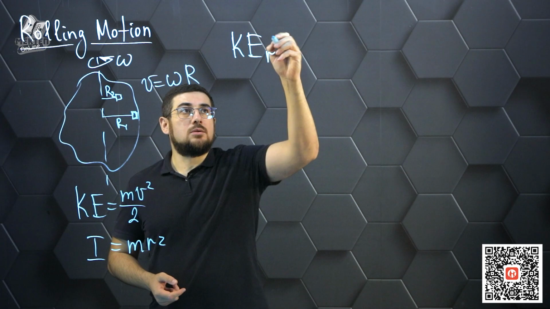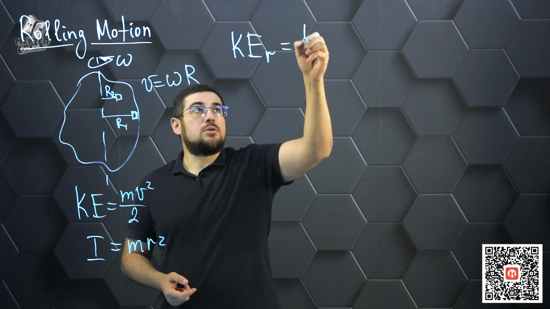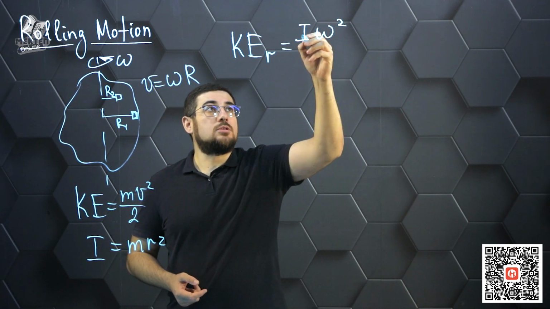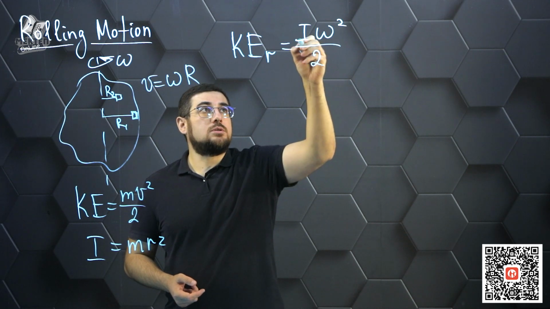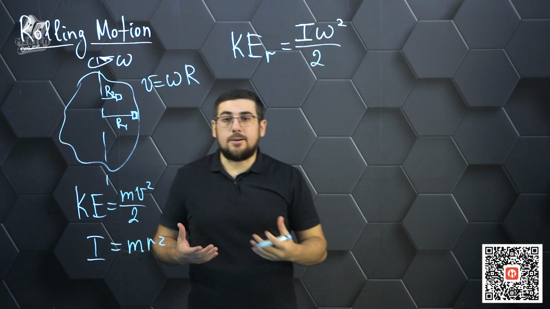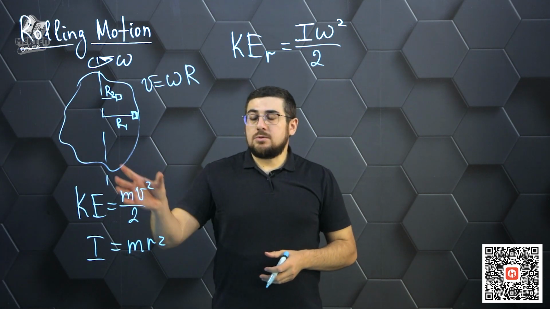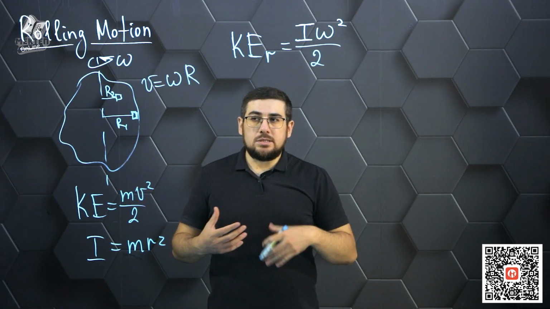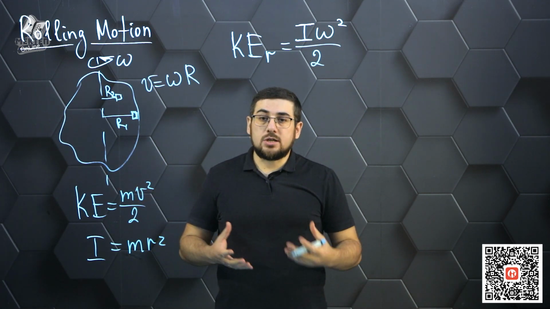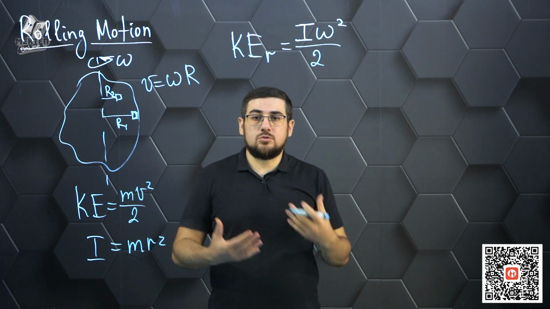The kinetic energy of rotational motion will be determined by the moment of inertia times the square of the angular velocity, divided by 2. This formula works when describing rotational motion. But we should not forget that in addition to rotational motion, a body can also have translational motion.